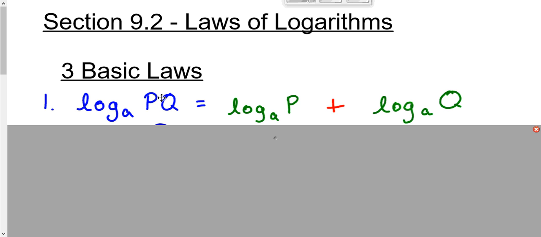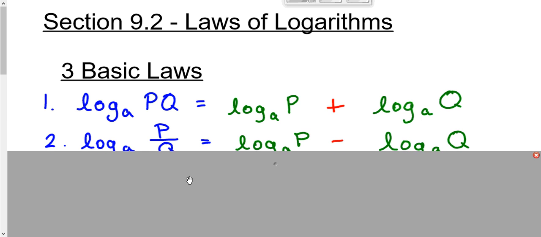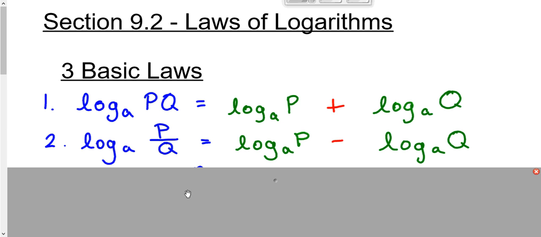So if 2 things are multiplied inside of a logarithm, we can write them as 2 separate logarithms added together. Similarly, if we have division, we can write that as 2 separate logarithms subtracted. So log base a of p divided by q can be written as log base a of p minus log base a of q.